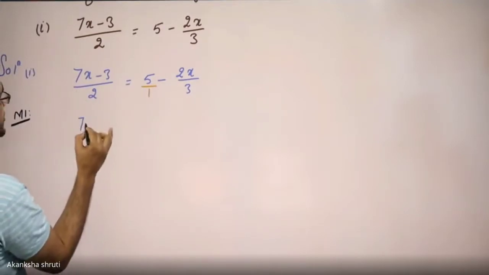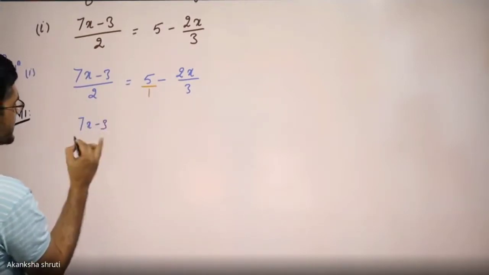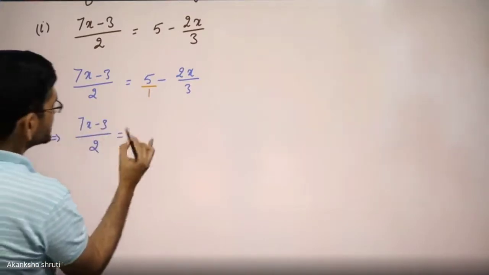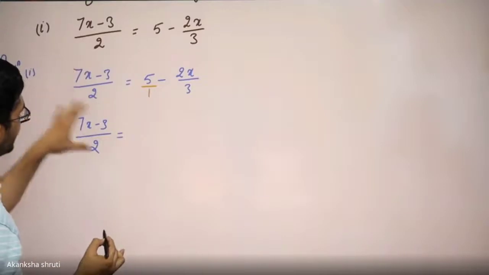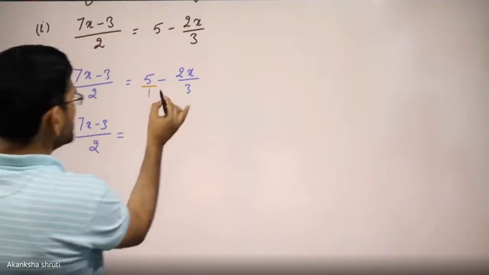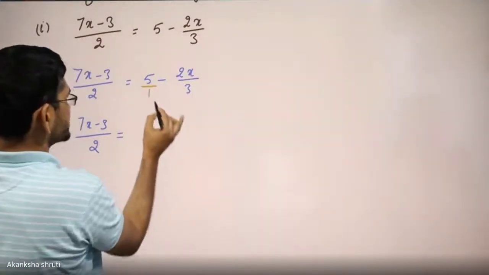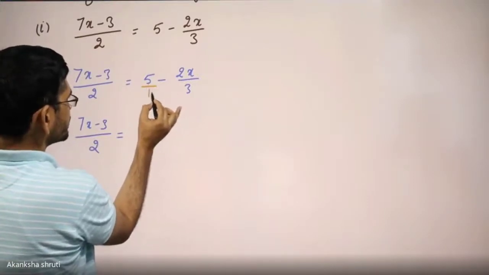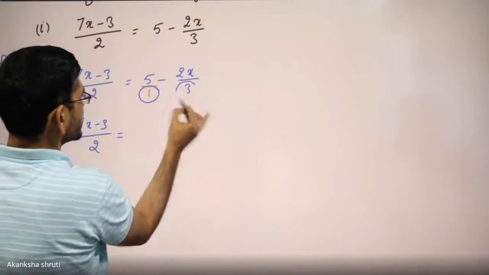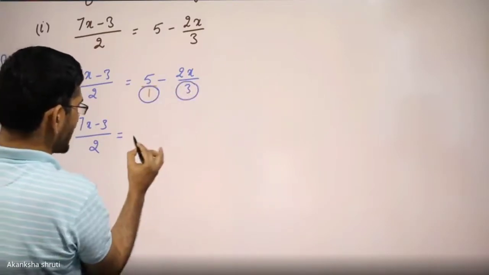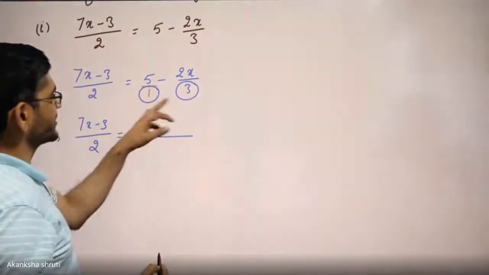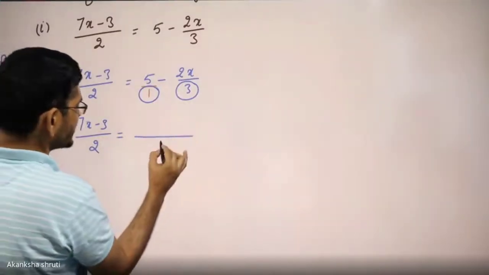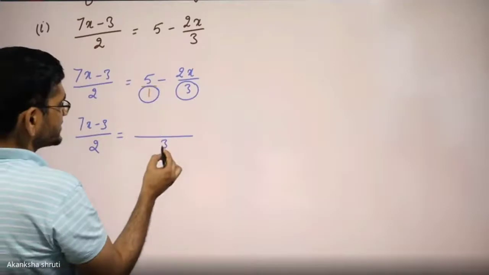So this can be written as 7x minus 3 by 2. Keep this left hand side as it is. Now consider the right hand side. We have two kinds of denominator. One is this 1, another is this 3. Take the LCM so that it will have a common denominator, and that can be written under the line. What is the LCM of 1 and 3? It is 3.